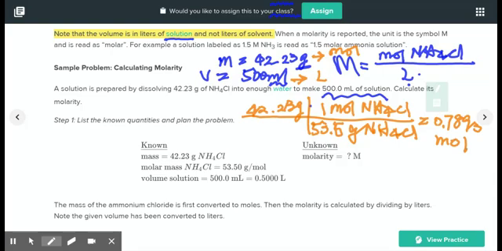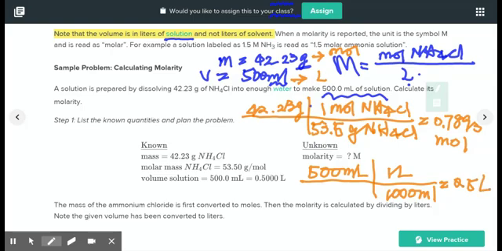Now we have to convert the ml to liter. You start with 500 ml and you convert that to liter. The larger unit gets 1, so liter is larger. And then the difference between milliliter and liter is 1,000. So you get 0.5 liter.